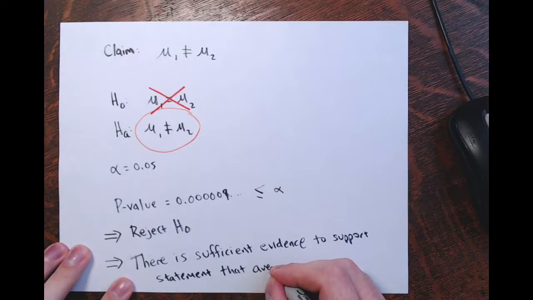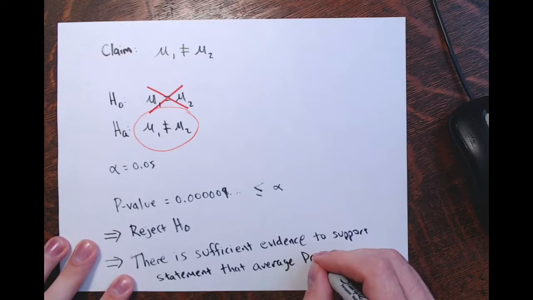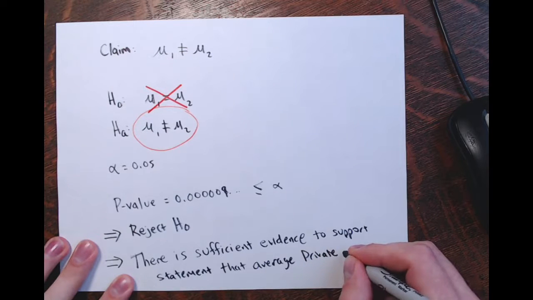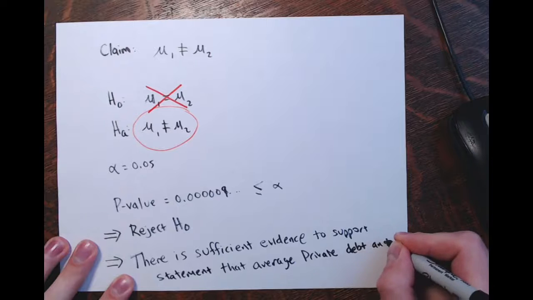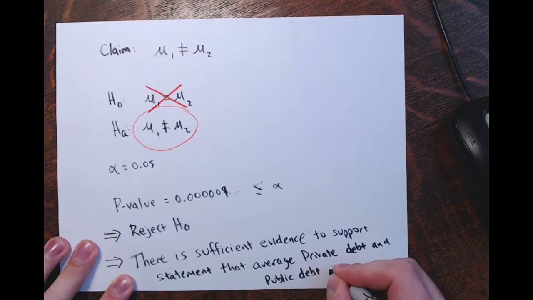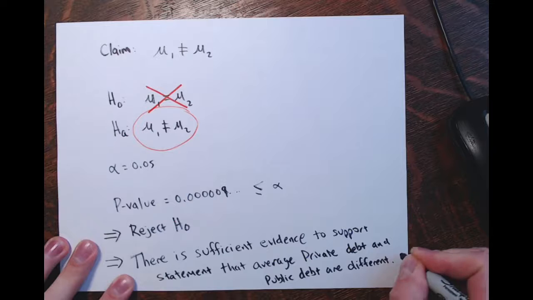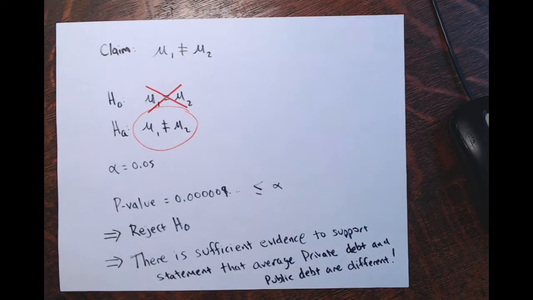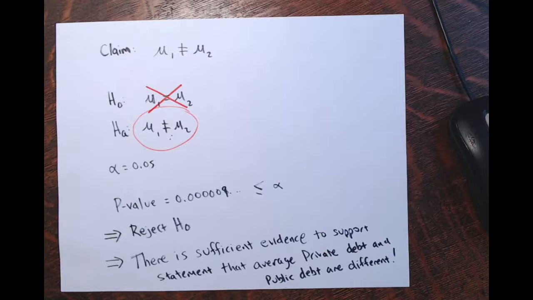That average private school student debt, I'll just say private debt and public debt, are different. We'd say something like that. There is sufficient evidence to support this alternative hypothesis statement because we rejected the null hypothesis. All right, so they didn't ask about that, but they might.